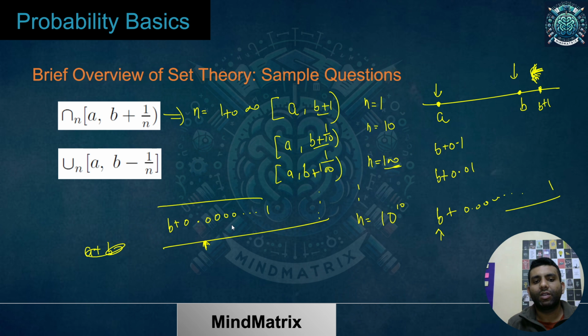If you put n equals 100, I can say n equals 1000, and the interval will become shorter, and in the intersection this number will not be included. So the intersection comes towards the left, and I am sure that b will definitely be part of that interval, because every time b is part of it.